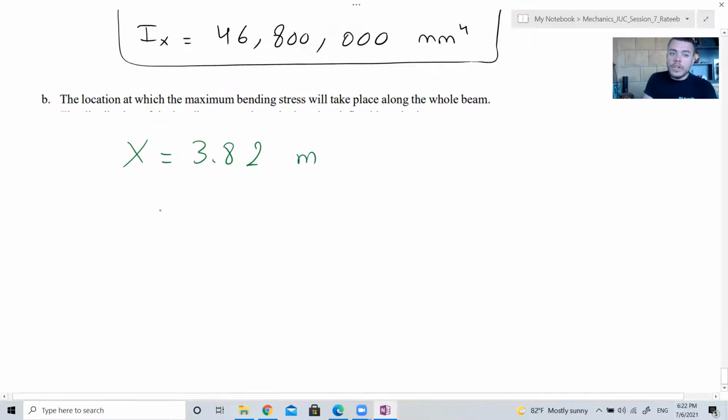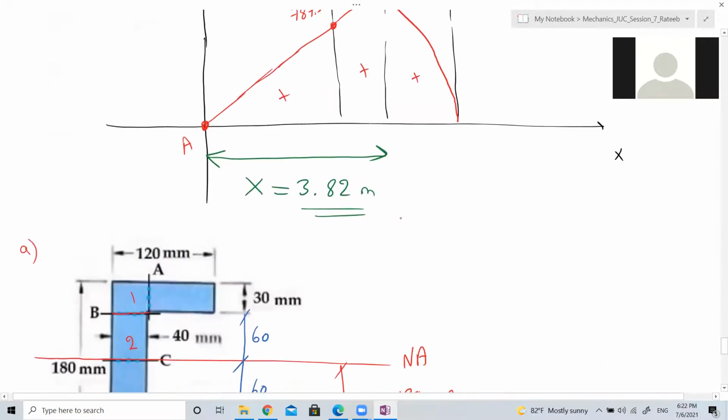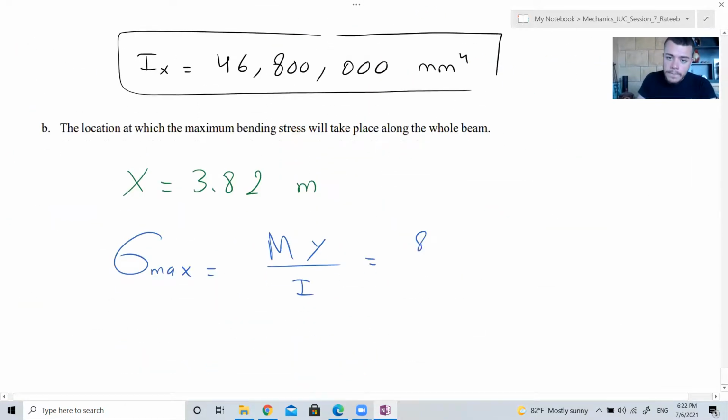And if you want, you can find sigma max, which is My over I. What is M? M is the maximum moment, which is 897.3 times 10 to the power 3, because you need to convert from meters to millimeters.